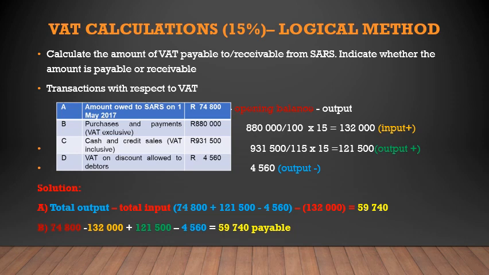Anything that increases input and decreases output will decrease payable. So my payable is going to be positive. So it's plus 74,800 minus 132,000 plus 121,500 minus 4,560 is equal to 59,740. This is a payable. I call this logical method. As you do questions, you will get to understand it better.